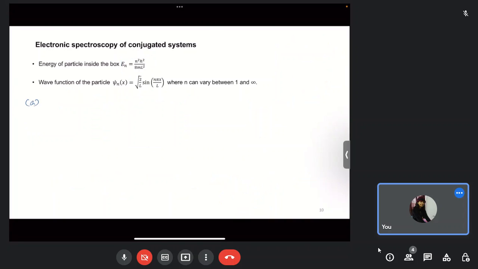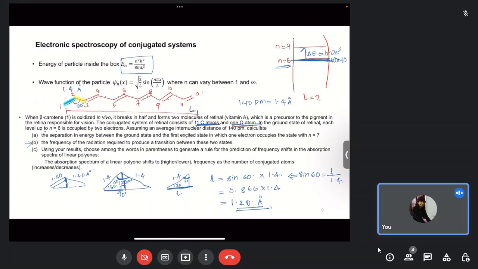Here we have to find the ground state. Here n is equal to 6. So E6 is equal to 6 square h square by 8 m L square, and we know L, okay, sorry, we haven't found L yet.